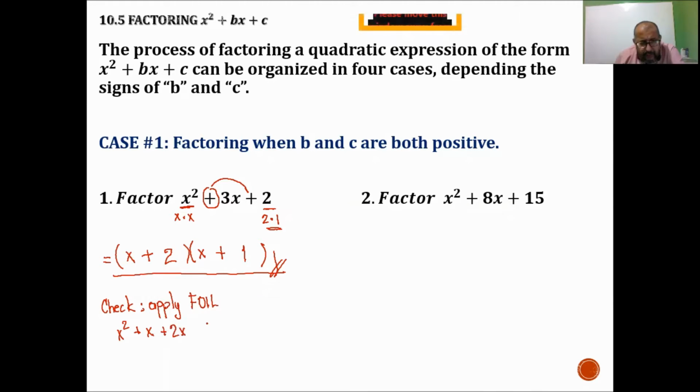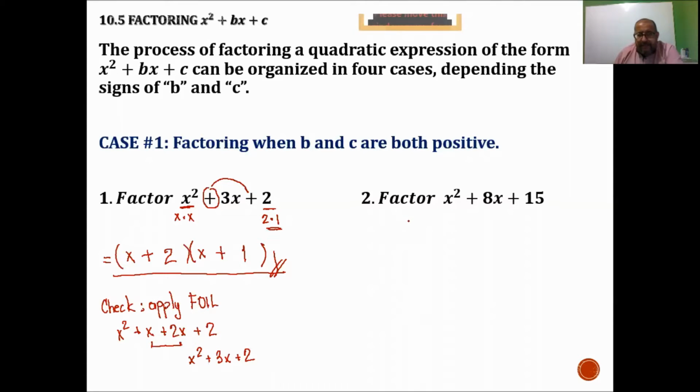And 2 times 1 will become positive 2. So if you simplify this expression, because in here I have like terms, the final answer will be x squared plus 3x plus 2, which is exactly the same as the original problem. That means the factoring was done correctly, okay?